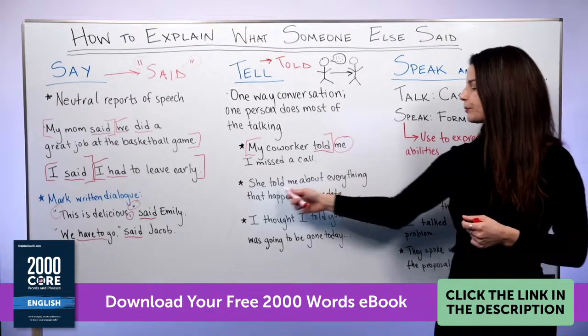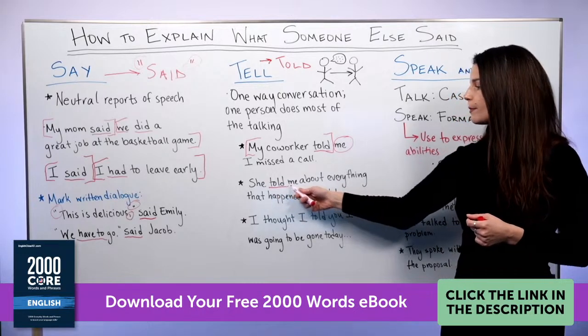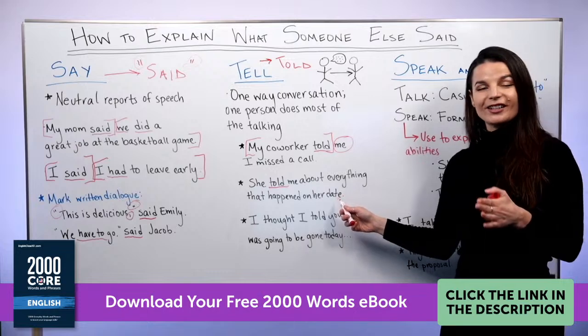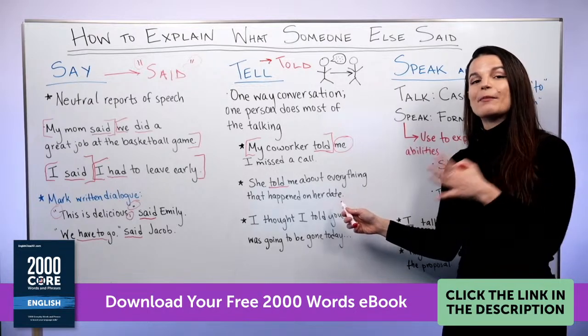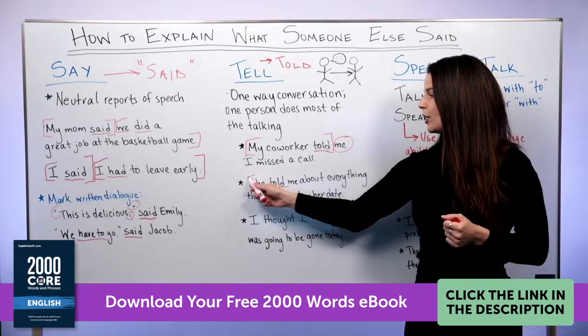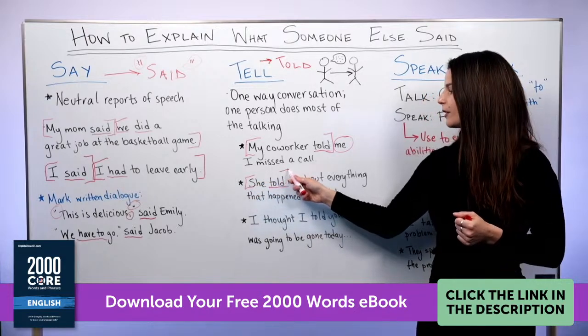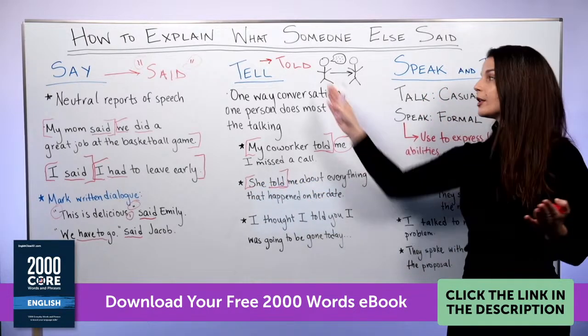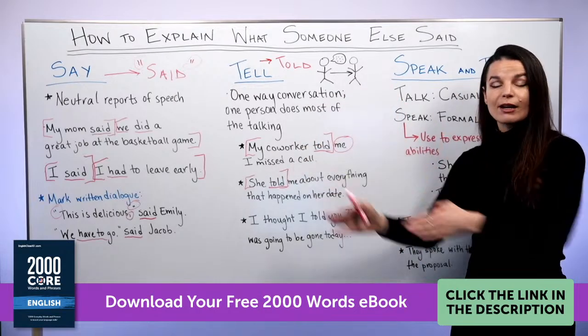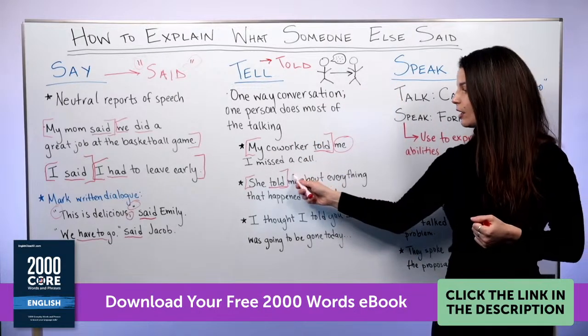The next one: she told me about everything that happened on her date. So in this sentence, we have she told. Who gave the information? She, maybe my friend or my roommate. Who received the information?